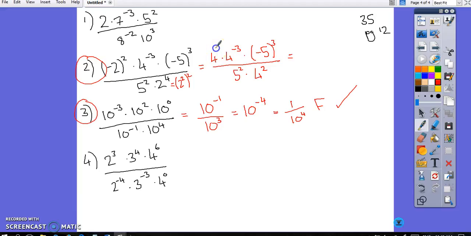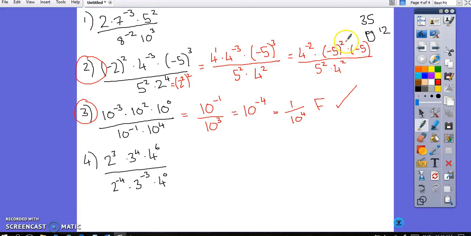So up on the top I have 4 to the power of 1 minus 3, which is 4 to the power of negative 2, times minus 5 cubed, which is minus 5 times minus 5 times minus 5. So this is actually minus 5 squared times minus 5. Bear with me with this one. Over 5 squared times 4 to the power of 2.